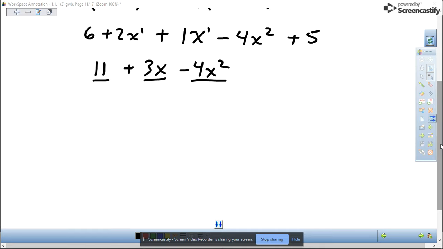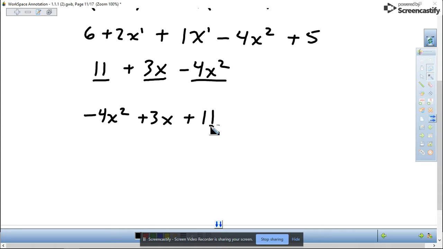So when you move the 4x squared, okay, when you move that piece, you need to move the negative with it, or the minus out front with it. Okay, that goes with that 4x squared wherever it goes. And then we have a plus 3x, and then we have a positive 11 out front, so plus 11. And that is a fully simplified version of that expression. Okay, there's nothing else we can do to that.